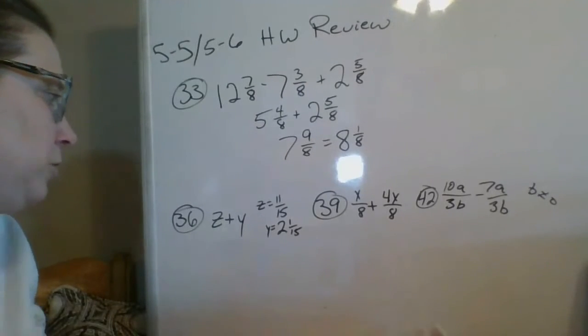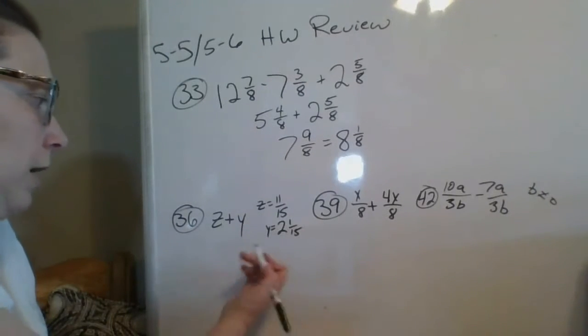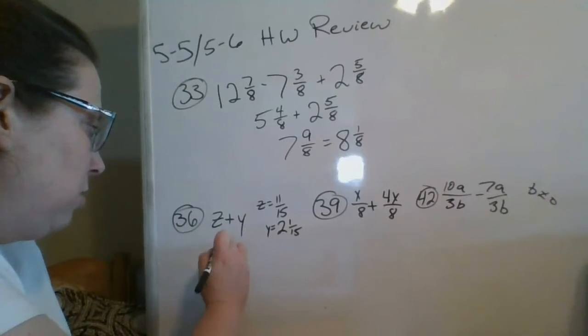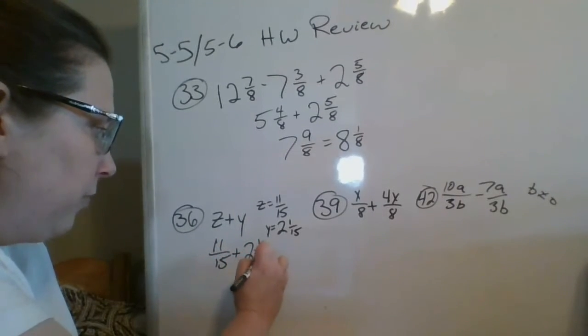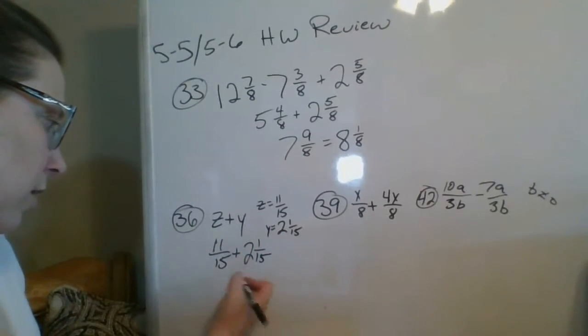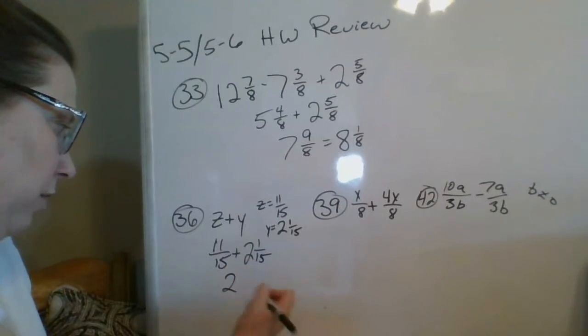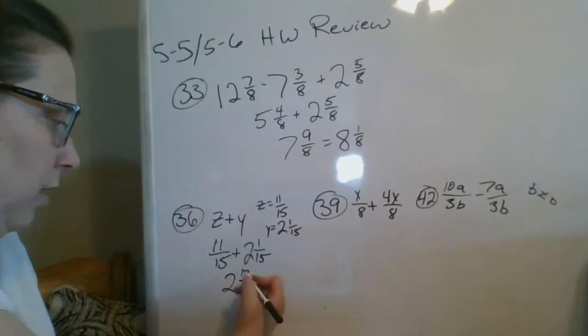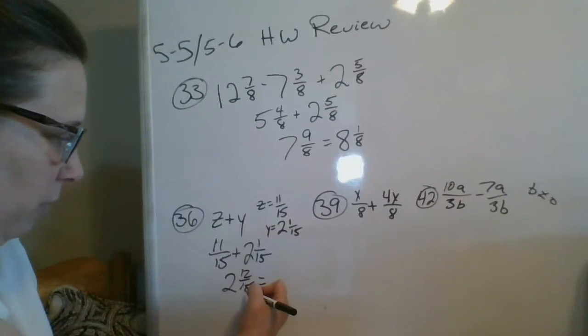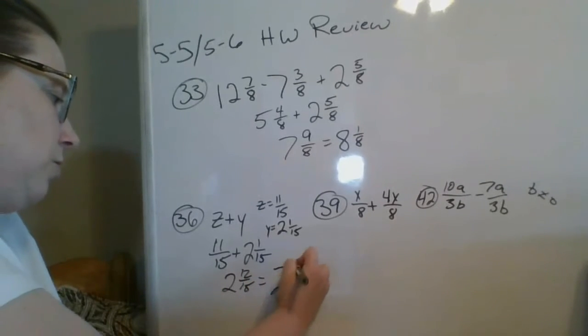Number 36, we have some variables. They tell us what those variables equal. So we are going to substitute in, and then I can add and say I would have 2 12/15. I can reduce here by dividing by 3. So I would have 2 4/15.